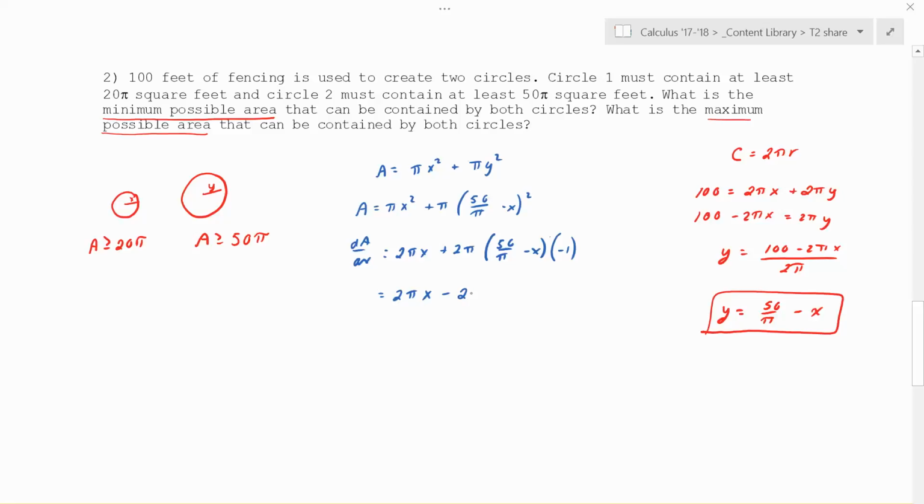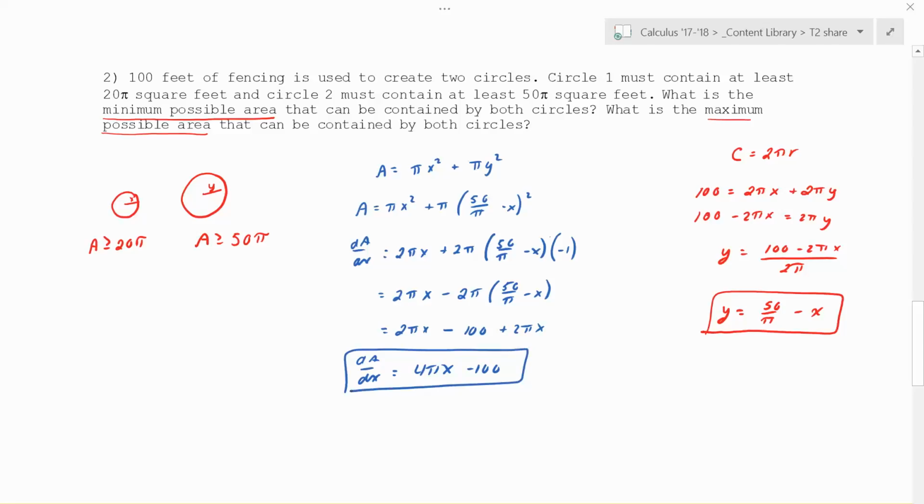We've got minus 2 pi and the contents of the parentheses. Distributing that, 2 pi x minus 2 pi times 50 over pi gives me 100. Negative 2 pi times negative x is plus 2 pi x. So dA/dx is equal to 4 pi x minus 100.